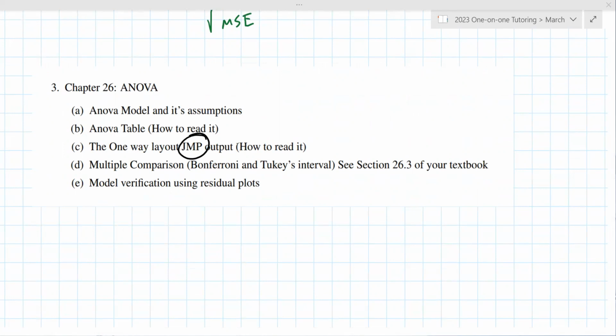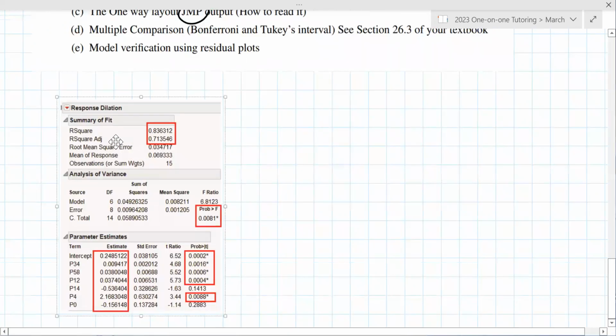So you will be given some sort of a JMP output, and I'm sure the teacher will omit certain things, but I think it'll be very similar to the ANOVA table situation. It is an ANOVA table, and notice they give you the T and the standard error. That's where I was wondering why these weren't in there.